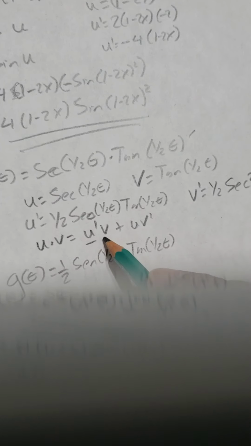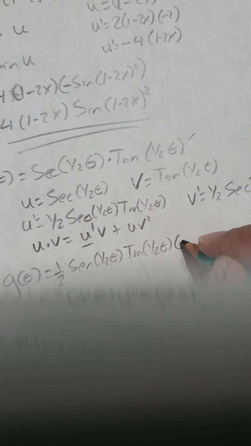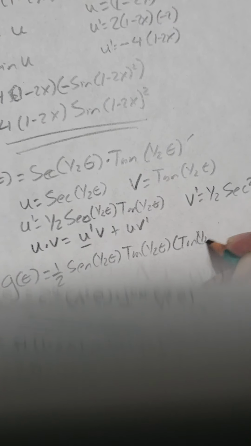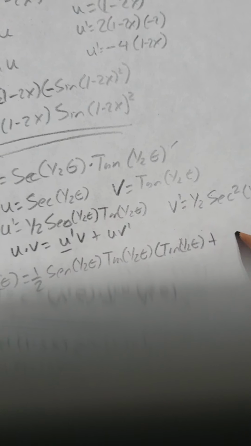Then we have to multiply by v, that is all this part, that will be tangent of 1/2 of theta, plus the original u, that means secant of 1/2 of theta, and multiply by v prime, that is 1/2 in this one, secant to the second power of 1/2 of theta.